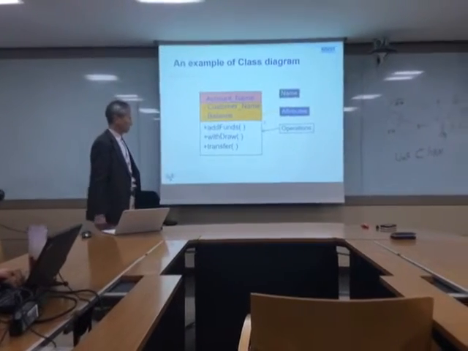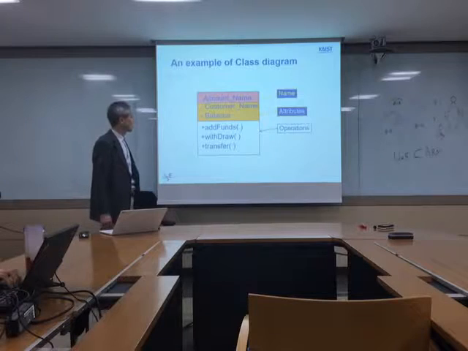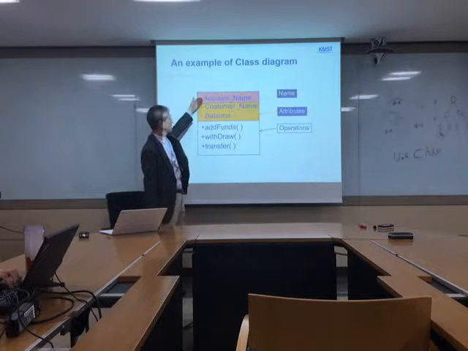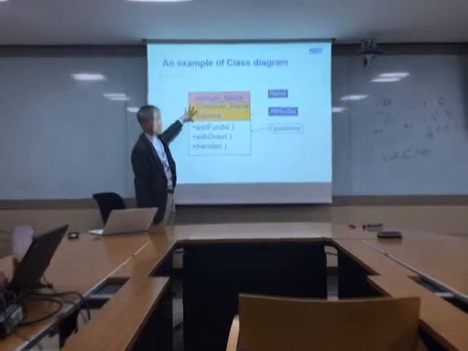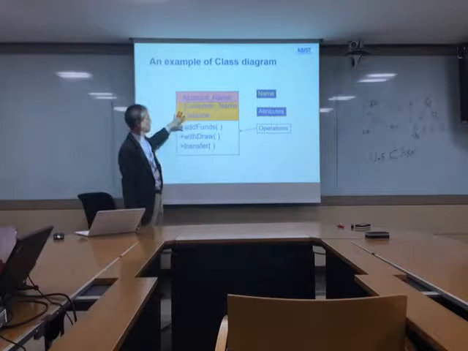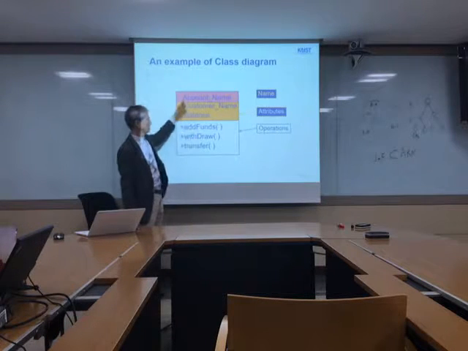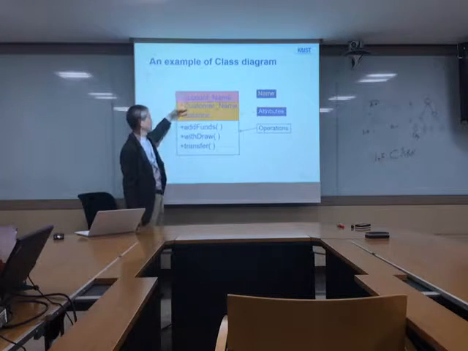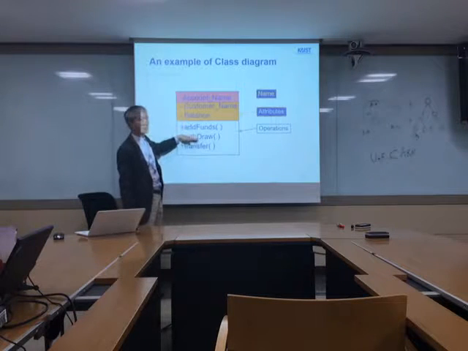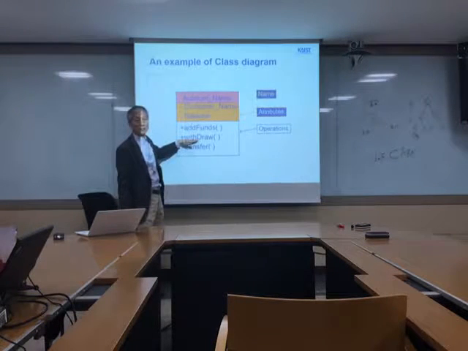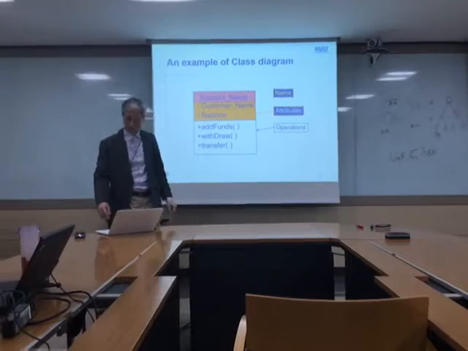A simple class diagram shows the name of the class, the attributes or properties of the class, and the activities or operations. So object-oriented programming has a class definition like this: name, property, and operation, the actions that can be used.